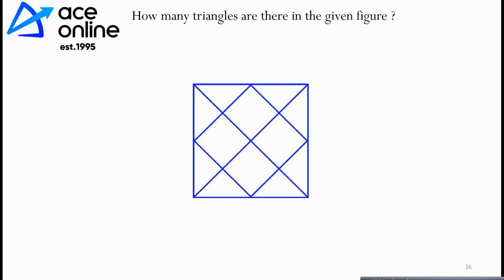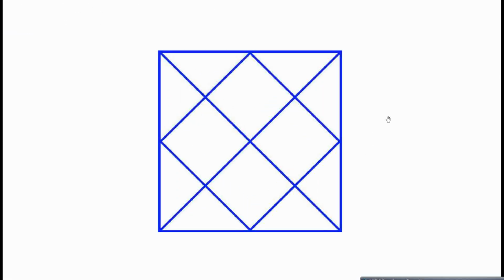Next one, is this available? Available, good. But this is an excellent question, you have a good update. 24, okay, let's see. 16. Number of triangles only, right? They are asking. Okay.